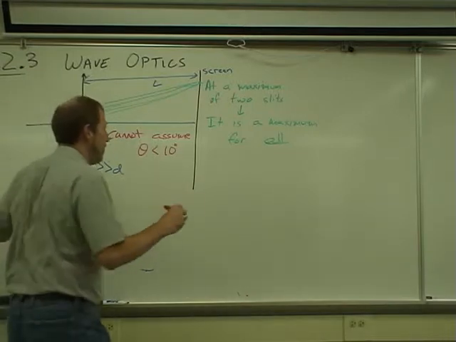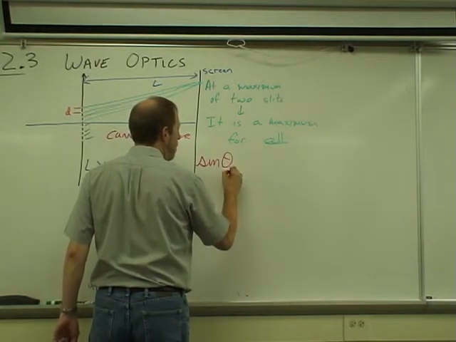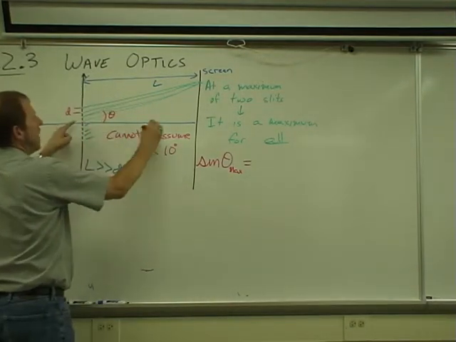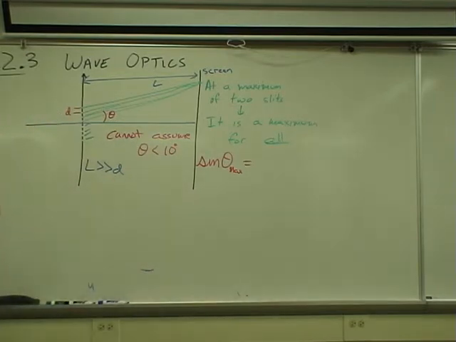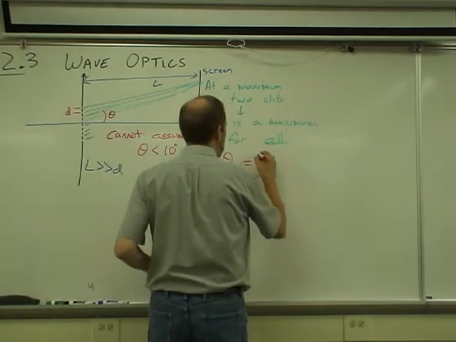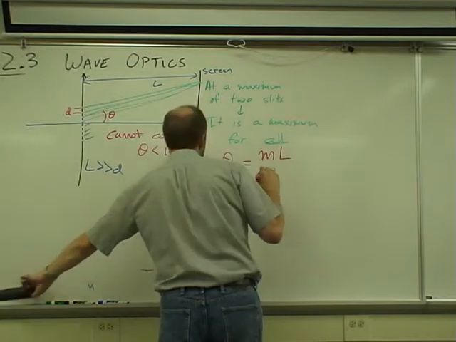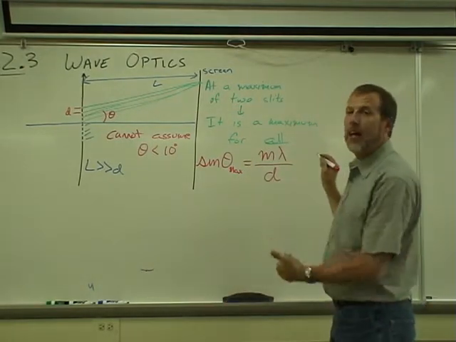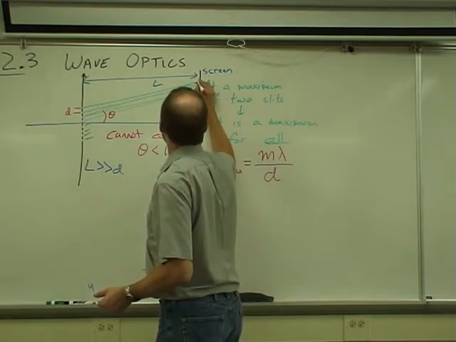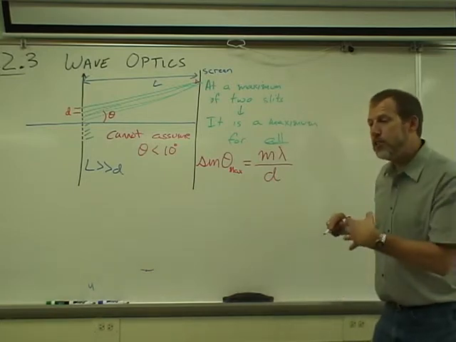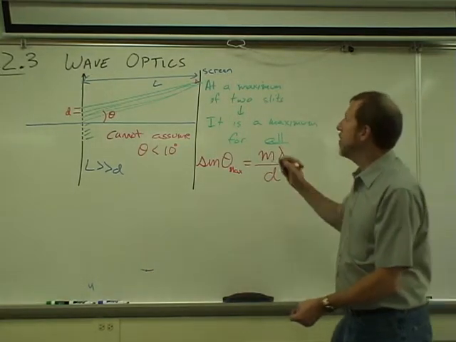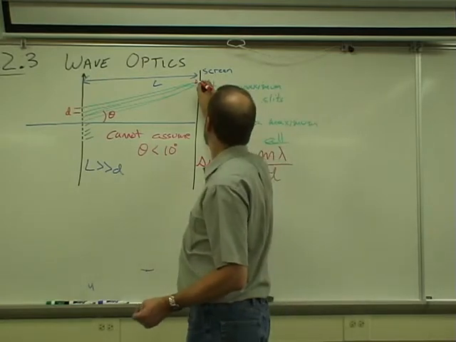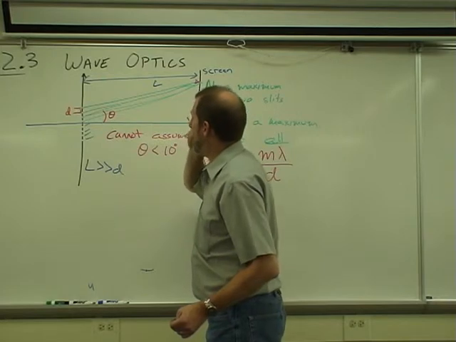So I need to leave this in terms of, for maxima, the sine of that maxima, if this is some angle theta, that's equal to m lambda over d, because that last little difference of lambda between two adjacent paths is basically the hypotenuse of this triangle, and this opposite side will be that side d.